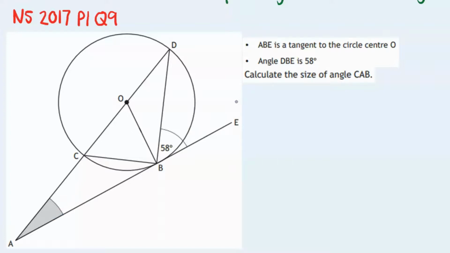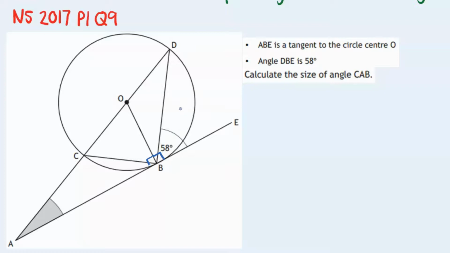Now, because it is problem solving, one thing I would do first of all is deal with the tangent, okay? Now, we know that the tangent hits the circle at a perpendicular, it's at 90 degrees, okay? So what I can do is ABE is perpendicular to line BO, okay? So I could put a right angle symbol here and then a right angle symbol on the other side as well, okay?